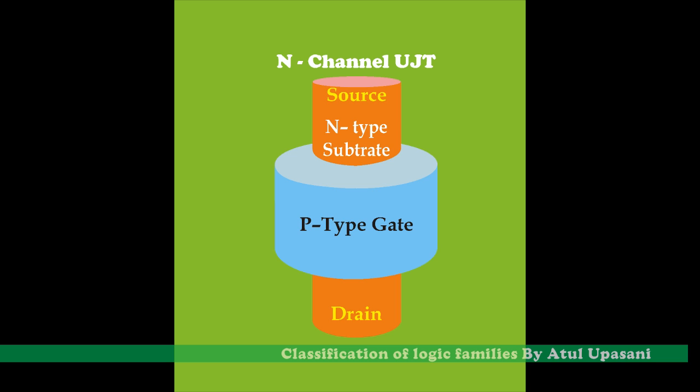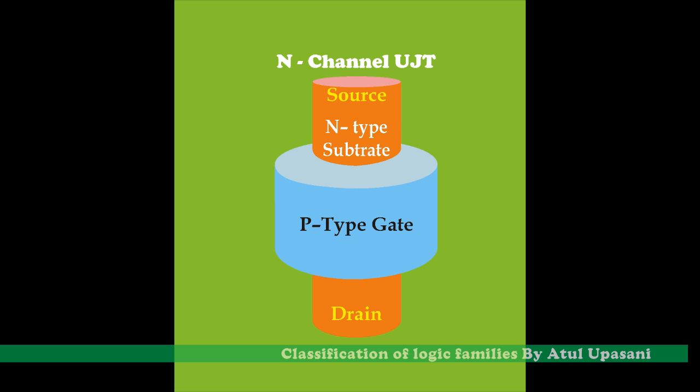So all the conduction from source to drain is done with only negative charges, that means the electrons. So that channel which exhibits a current due to electrons, that means due to N type charges, is called N channel, and obviously the gate is P type.